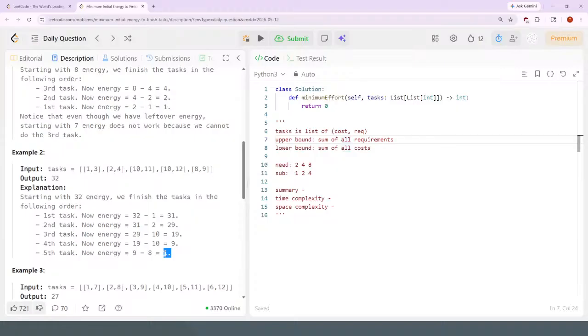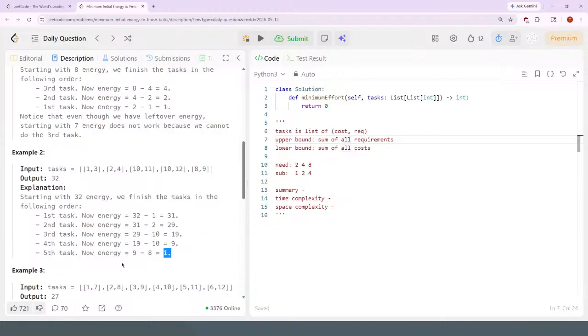So if you have 32 as your starting energy, you can do something that is requiring 32 or less.